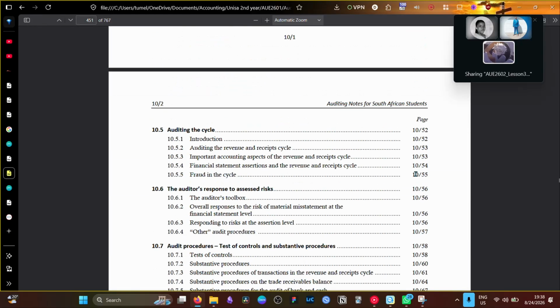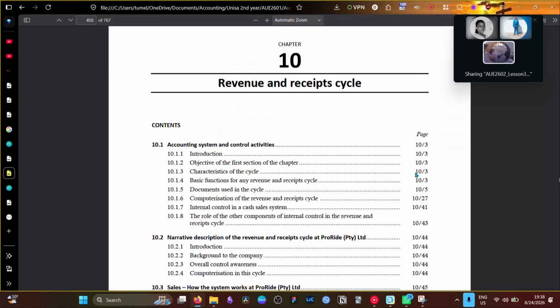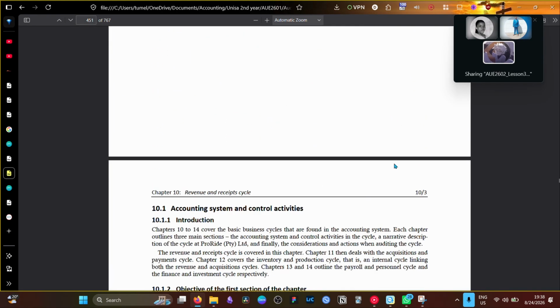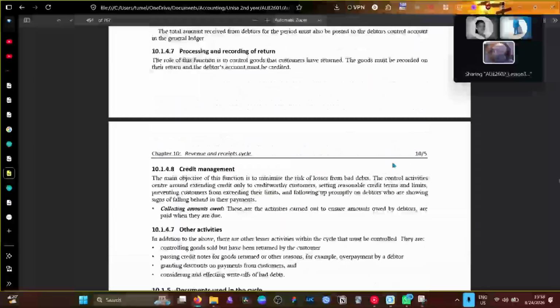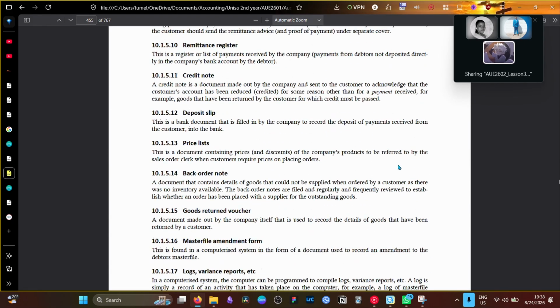There's no way you're going to read this about the revenue and receipt cycle and come out and say you don't know anything. There's no way you're not going to understand every single thing here. Unless you genuinely don't, and then you ask anybody that knows, you can ask me, I don't mind.